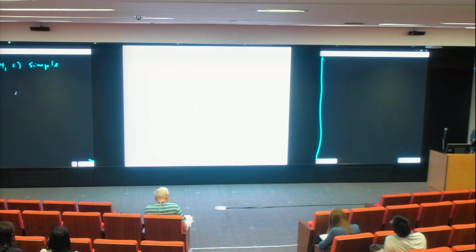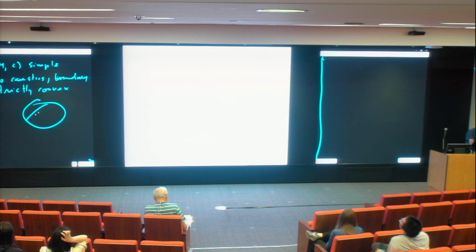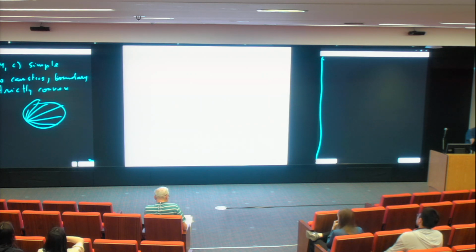Simple means that there are no caustics, so the geodesics don't come together, and the boundary is strictly convex. Okay, so a very nice behavior of the geodesics like we had before. The geodesics behave very nicely, like this.